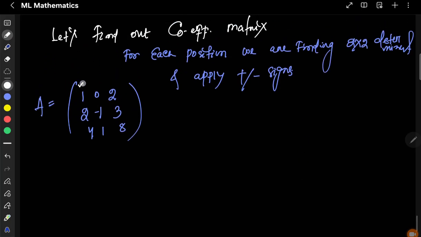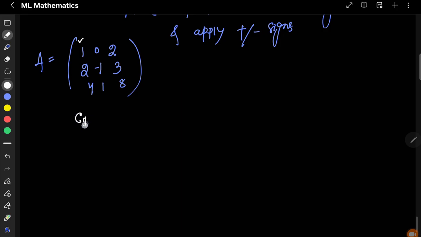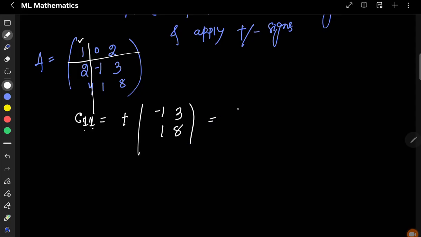So this is my C11 position, my coefficient 1 1 position. 1 plus 1 means 2, so the position is even. If it is an even position I write plus, then in between I ignore this row and column, and the matrix which remains is 1 minus 3, 1 8.